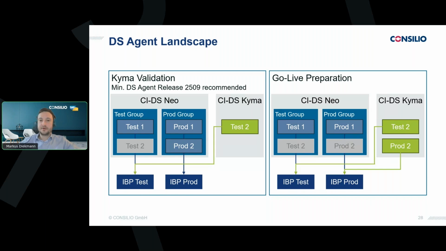But it is important that you select in the application jobs in your IBP not a single agent. You should select the group so that your task won't fail because the agent is not available. Then you route your second productive agent to Kyma.